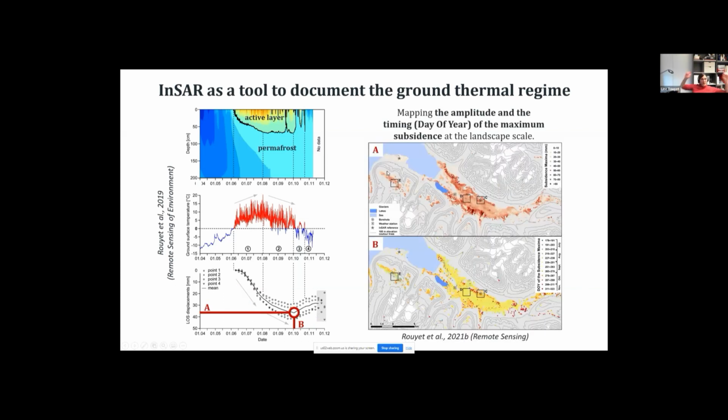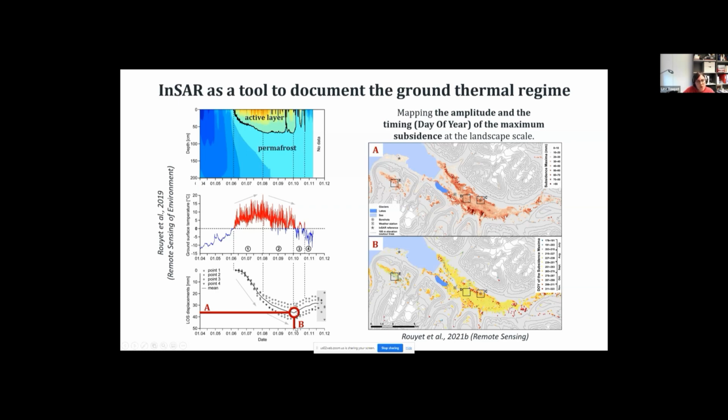And another thing is that you can also decide to focus on, if you're interested in knowing the length, for example, of the duration of the thawing season, the timing of the start of the thawing, or the timing of the start of the heave, or the freezing season, you can extract, for example, the maximum displacement of the season, which is mapped here in map A, only in flat terrain, so everything else has been removed in this case.